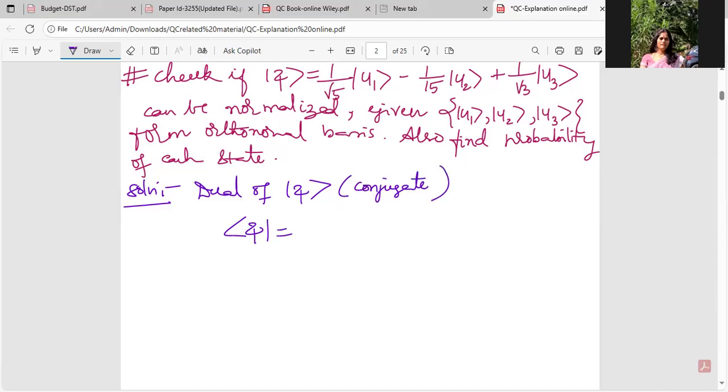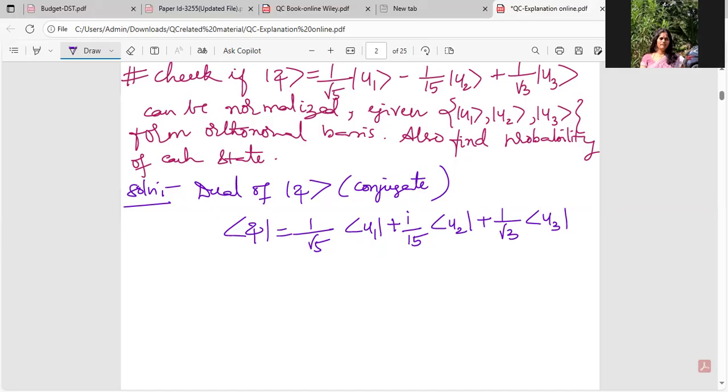Please see here, carefully write the notation and then things are done. Instead of ket u1, I'll be writing bra u1; instead of minus i, the conjugate of minus i would be plus i by root 15, bra u2; the conjugate of a real number is itself, so no change. Dual of u3 is what I will write.